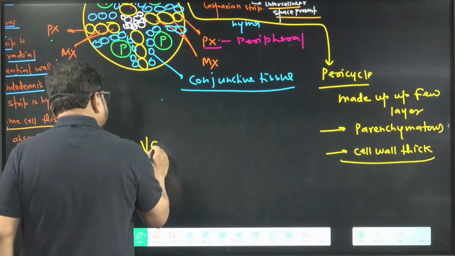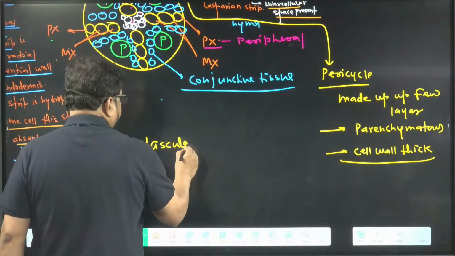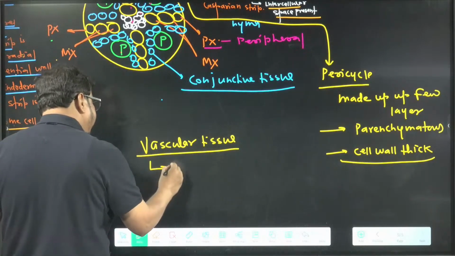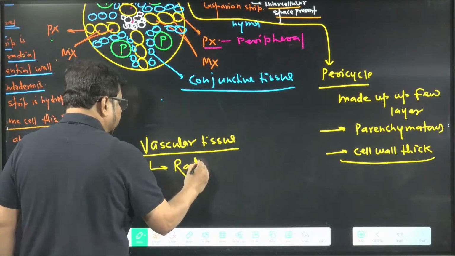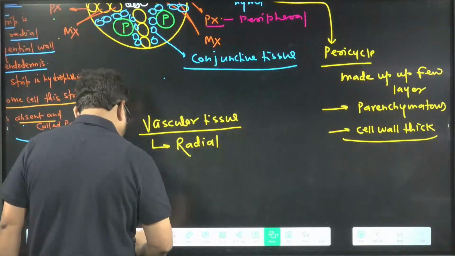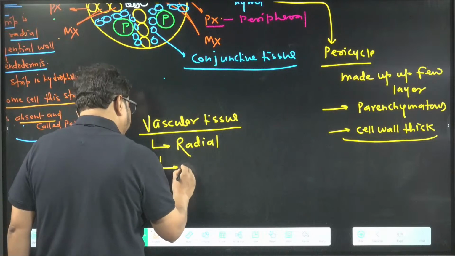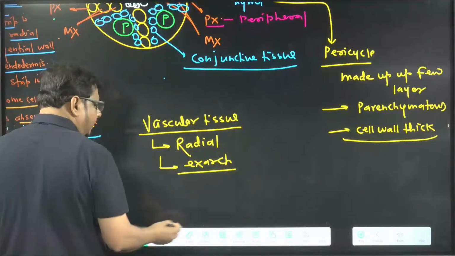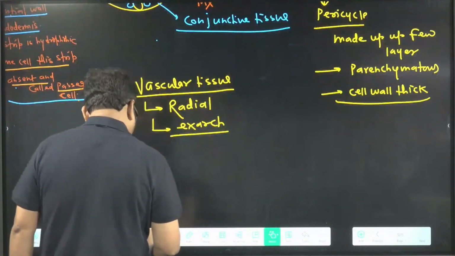Which tissue? Vascular tissue. If we talk about vascular tissue, it is radial. Exarch or endarch? Tell me, help me out. Exarch. It is radial, it is exarch.